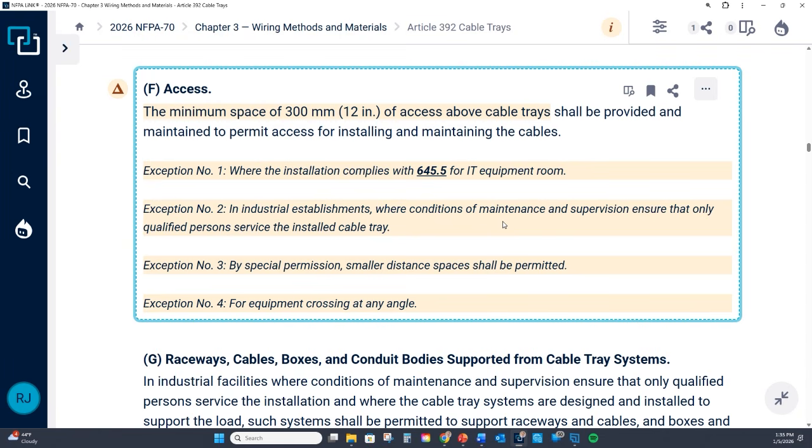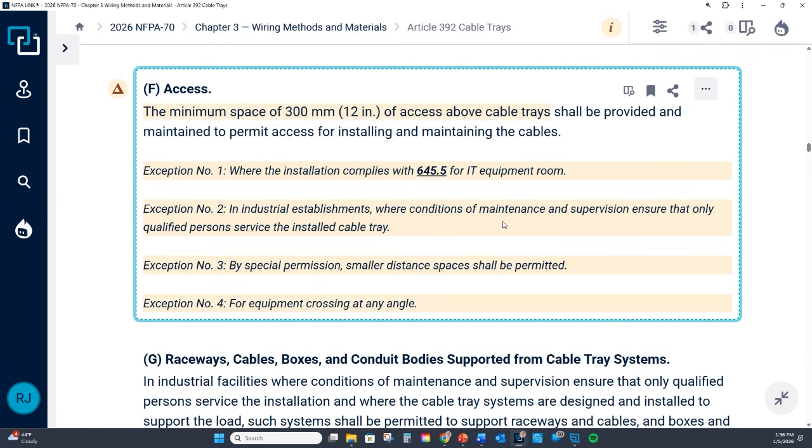Remember, sometimes the exceptions add rules. They don't always remove requirements. Sometimes they add requirements. So when we have an incomplete sentence like this, somebody has to figure out what it means. So I think it's probably saying that the rule does not apply at all if you're in a 645 IT room. That's my thoughts.